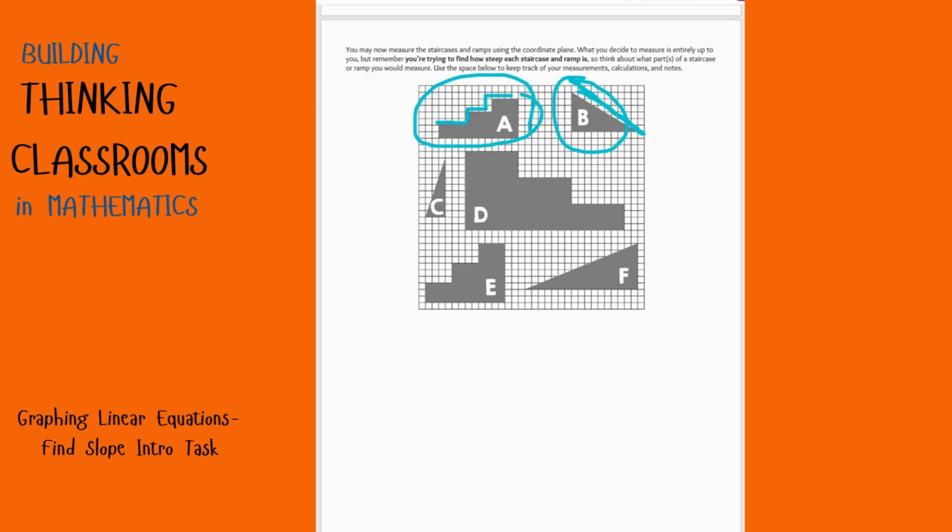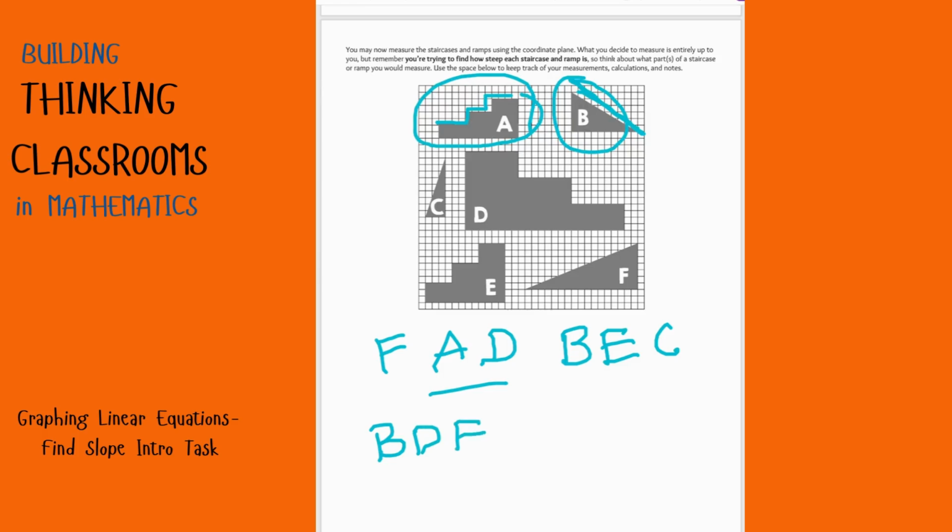If you ignore the slope being positive or negative and only look at the value, you are looking at this order. A and D are the same value technically, so it really doesn't matter which one's first. But if you want to pay attention to the negatives versus the positives, then we're going to be looking at B, D, F, A, E, then C.